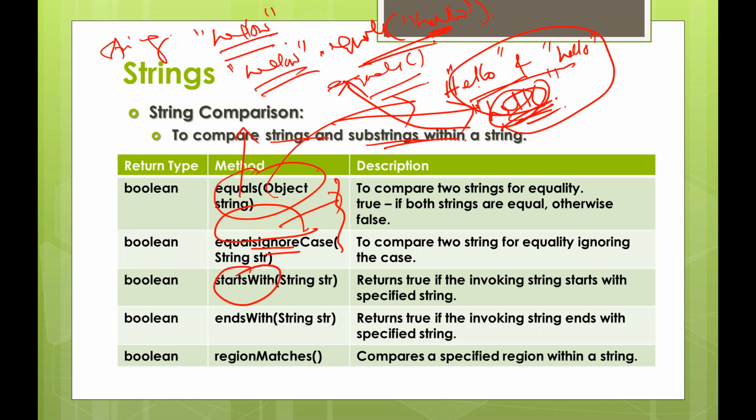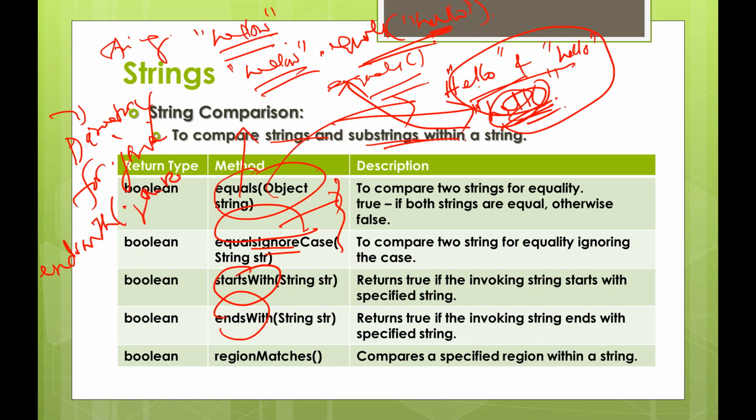You can use the startsWith method. Say you are querying a particular directory for .java files only. You can check endsWith ".java" and provide that as a string. There is another method called regionMatches.